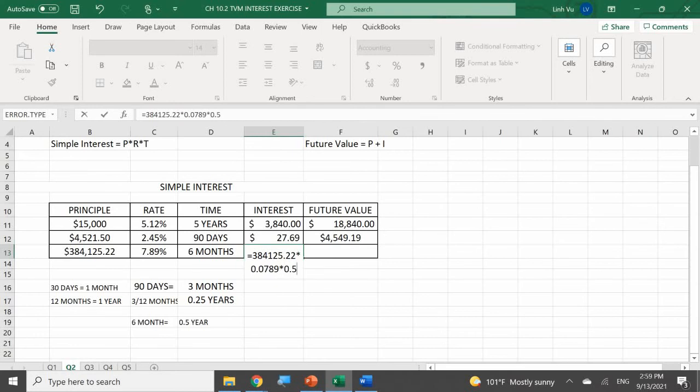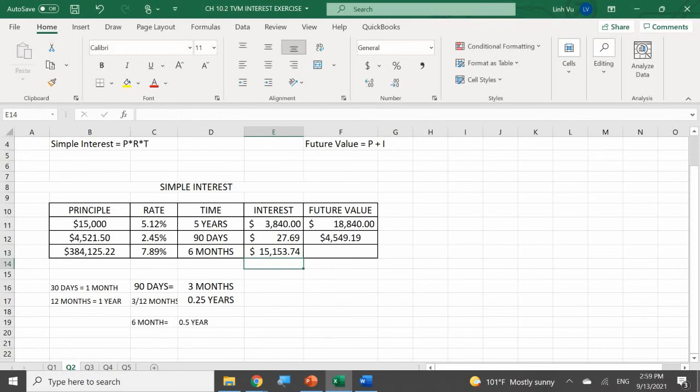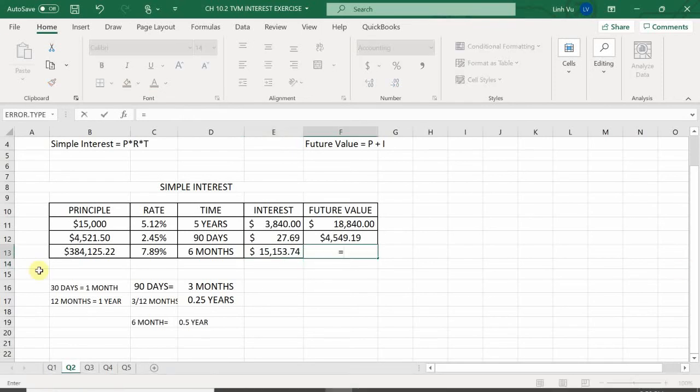What is my interest going to be? $15,153.74. Good. All right. So therefore, how much is my future value going to be?